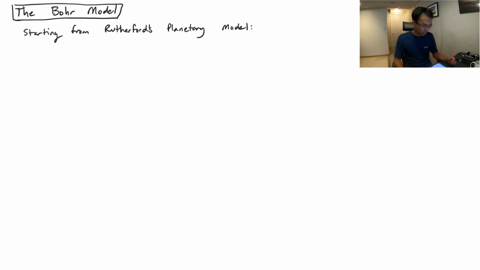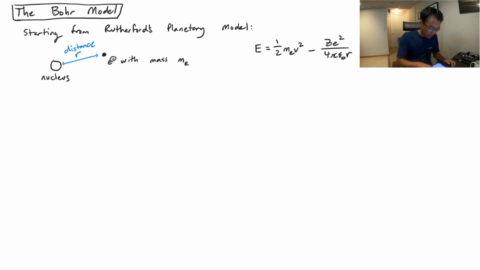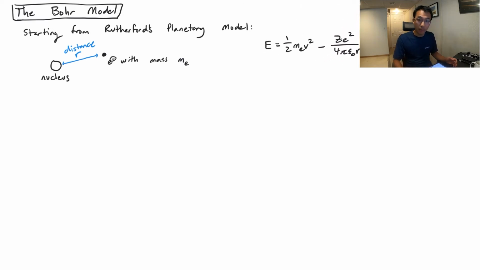Bohr's approach started from the planetary model that Rutherford had come up with originally, which is the idea that there's a nucleus and an electron, separated by some distance r. Then taking the total energy of the system, which is your potential energy and your kinetic energy together, and pulling from Newton's second law, which says that force is equal to mass times acceleration.